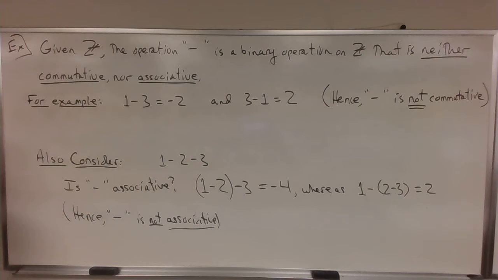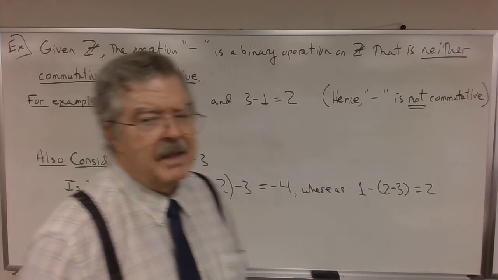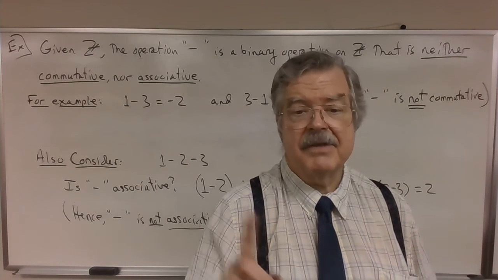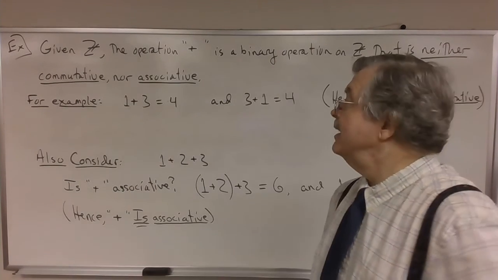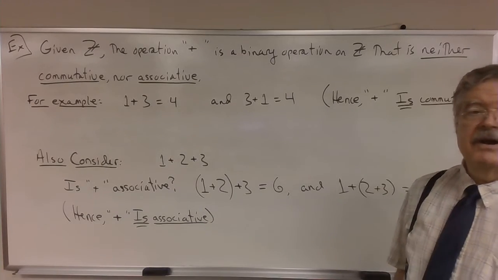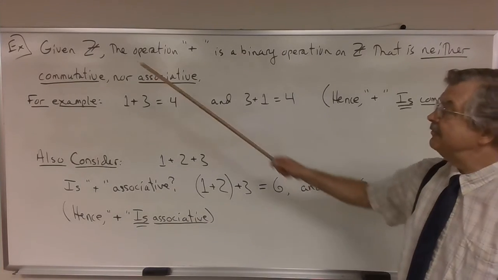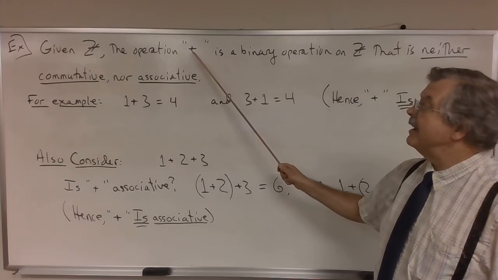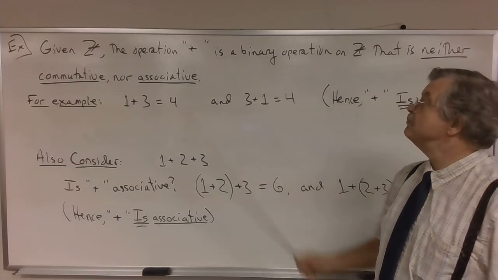Now let's tweak this example just a little bit, and we'll get a binary operation that's both commutative and associative. Here's our next example. The set is the same, Z, the set of integers. Here our operation is addition.